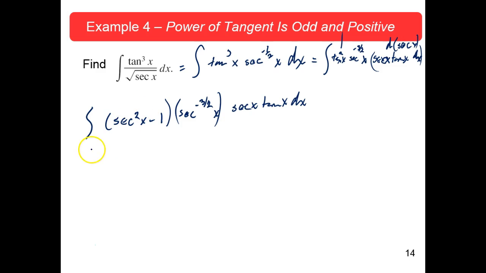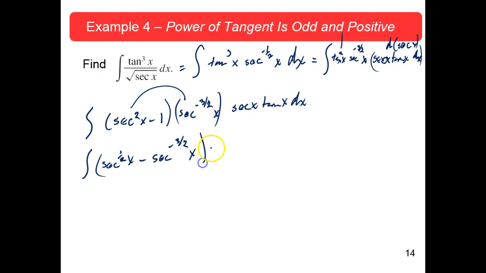Next step, let's multiply these two together. What would that give you? Secant squared times secant to the minus 3/2 is secant to the 1/2 x, minus secant to the minus 3/2 x.